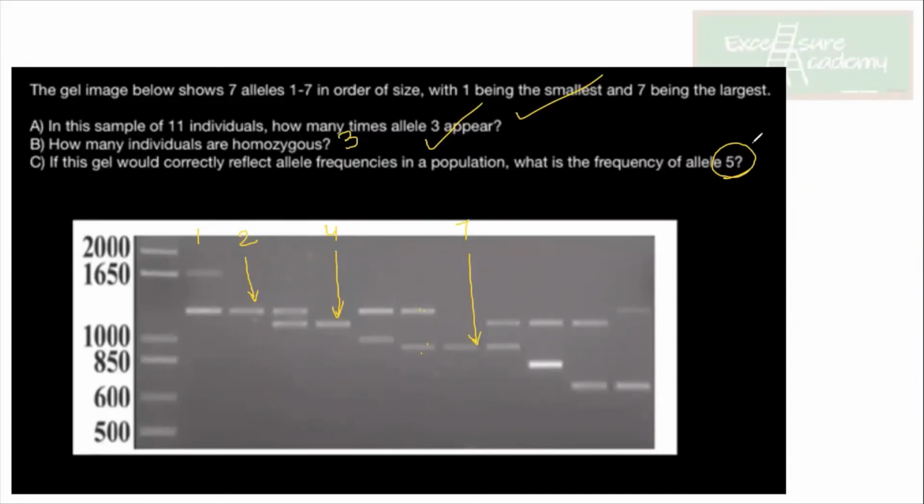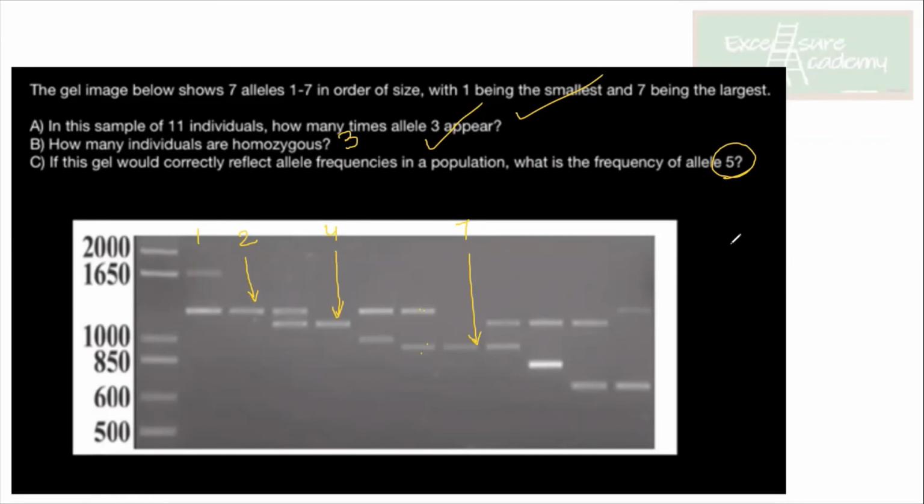Allele 5 appears 5 times, right? 1, 2, 3, 4, 5. Yeah, 5 times. And if the entire population has 11 alleles, then 5 out of 11, right? That will be 0.8 something.